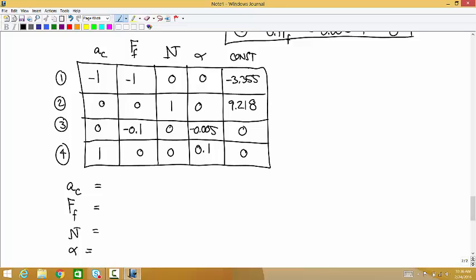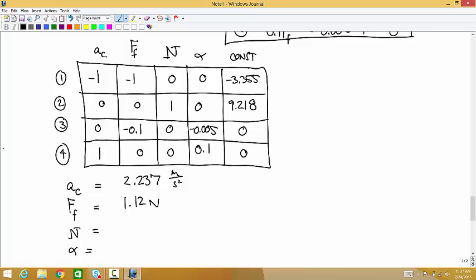I got the answers. Okay. I got acceleration of the center is equal to 2.2367. Okay. Force of friction is equal to 1.12, and alpha is equal to negative 22.37. What's the normal? Or did you just leave that one out?